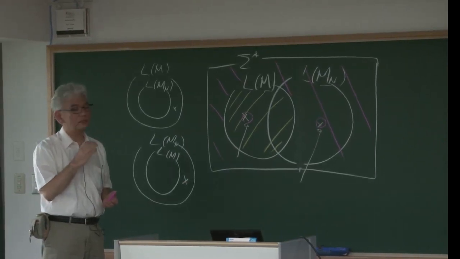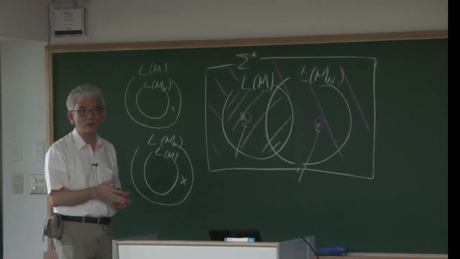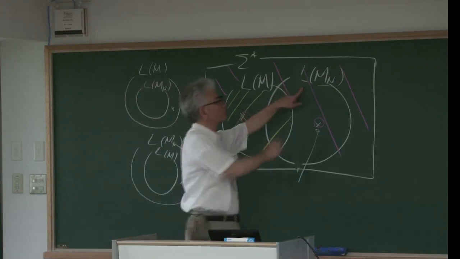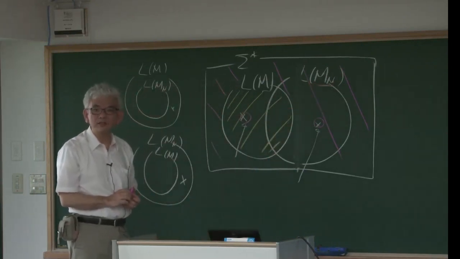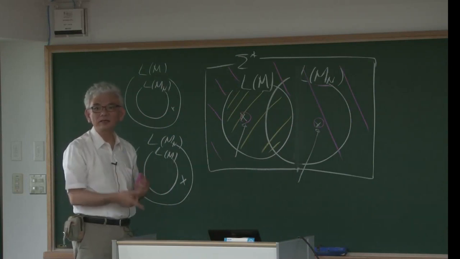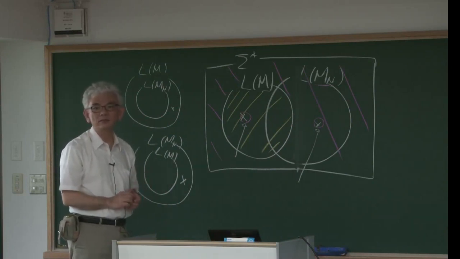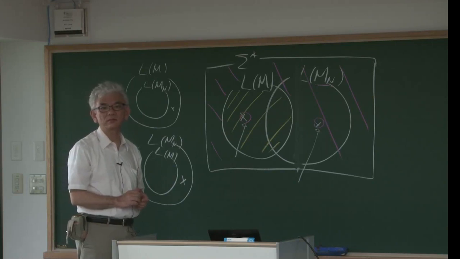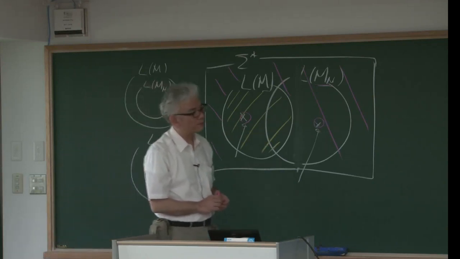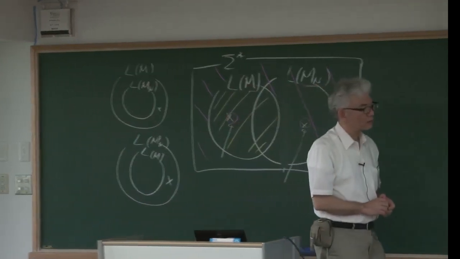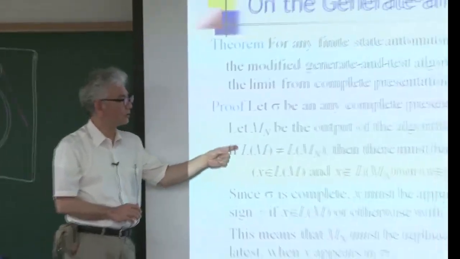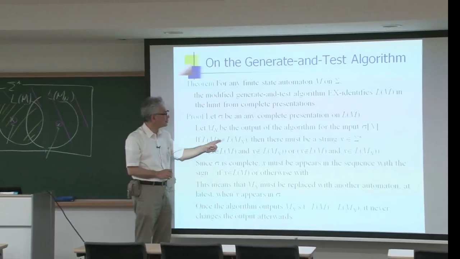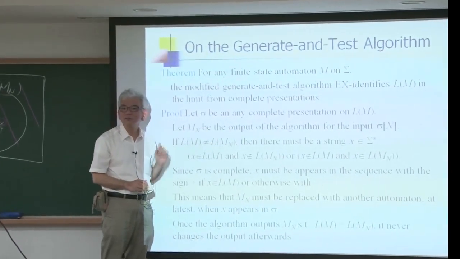In such a situation, this conjecture must be rejected and revised. So, such a situation happens, we assume that L of M is not L of Mn.